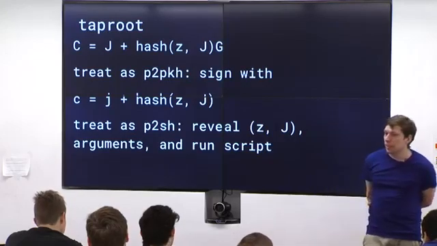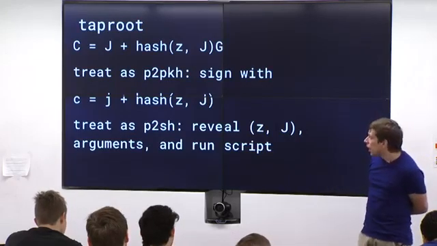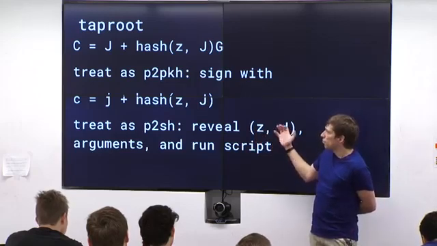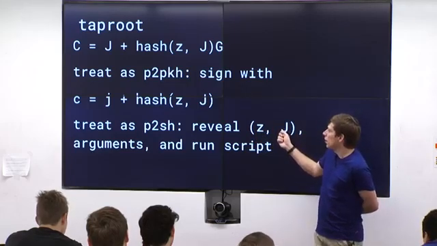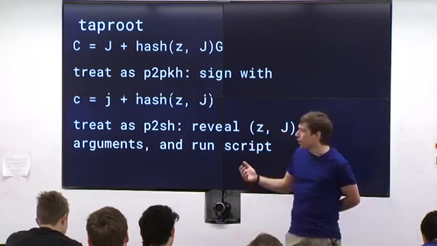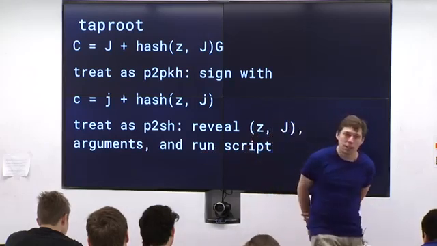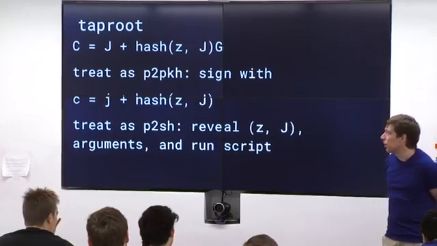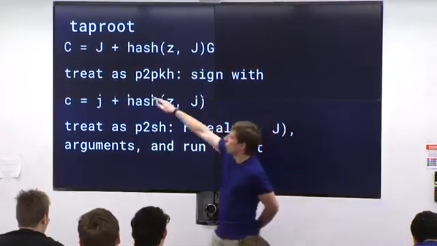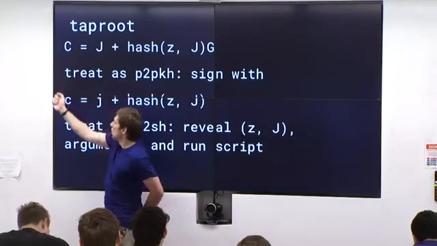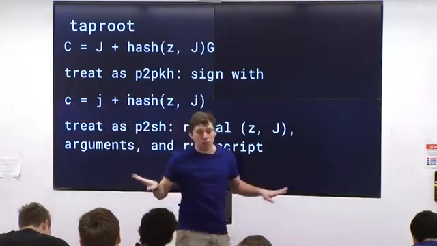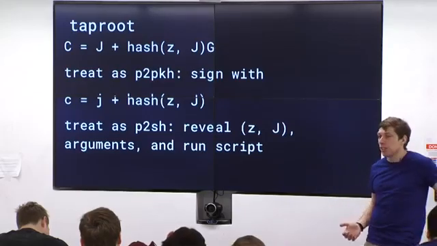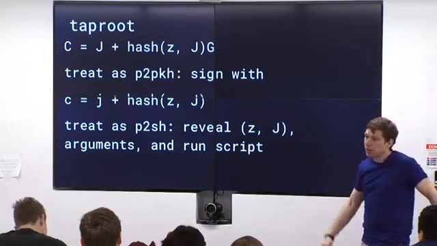However, if I want to make it into a pay to script hash, I reveal the script z and the key j, and then I put some arguments on and then run the script. So if I don't want to show that there was a script, I don't have to. I just sign with the private key, and nobody knows that there was a script at all. And so maybe if everyone's using this, 80% of the time, that's what happens.